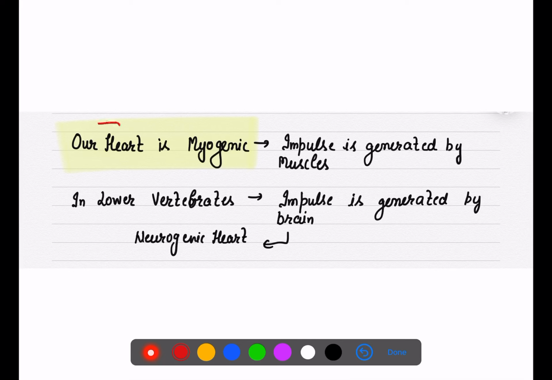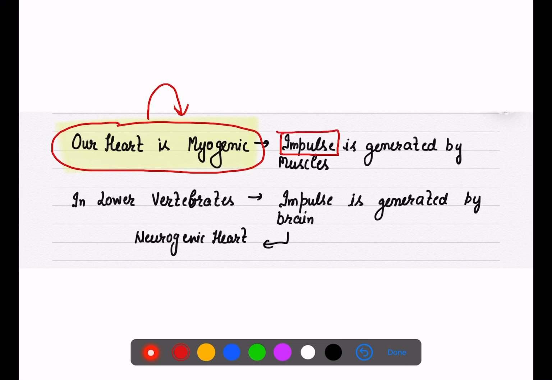So our heart is made up of muscles. It is impulses basically that are generated by these specialized muscles, the nodal tissue. That is why we call our heart myogenic, because the impulses generated in the heart are generated by muscles. But in lower vertebrates, the impulse is generated by the brain.